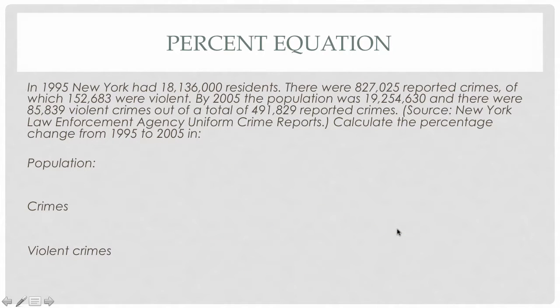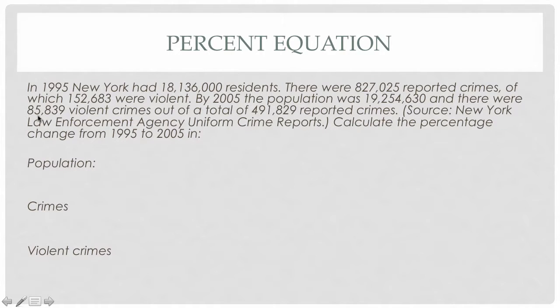One more percent problem. In 1995, New York had 18,136,000 residents. There were 827,025 reported crimes. Of those crimes, 152,683 were violent crimes. But 10 years later, by 2005, the population had increased a little bit, and that was 19,254,630.